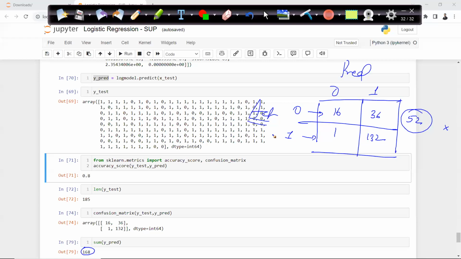Right? And if you read this, 132 plus 1, 133 records. These are the 133 records who actually got the loan as per the actual data.